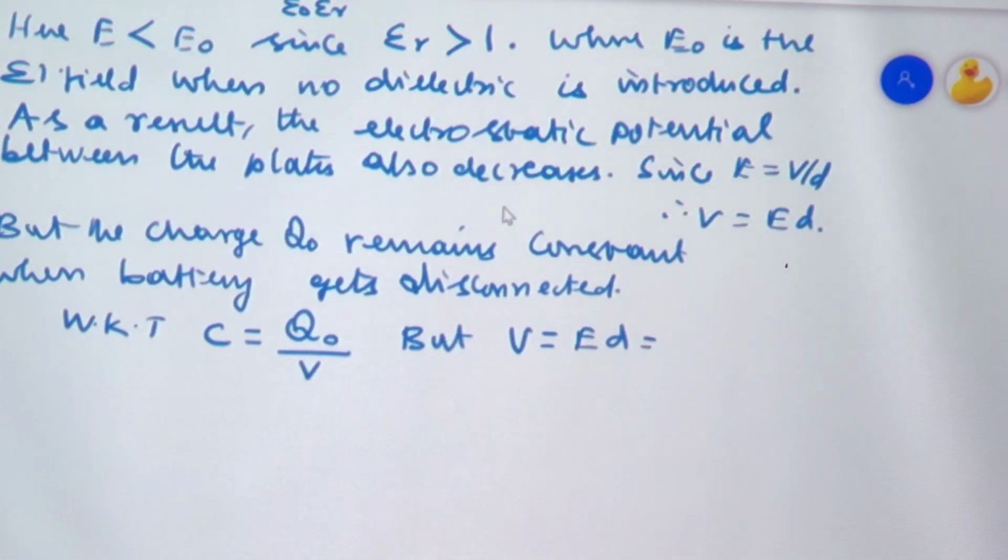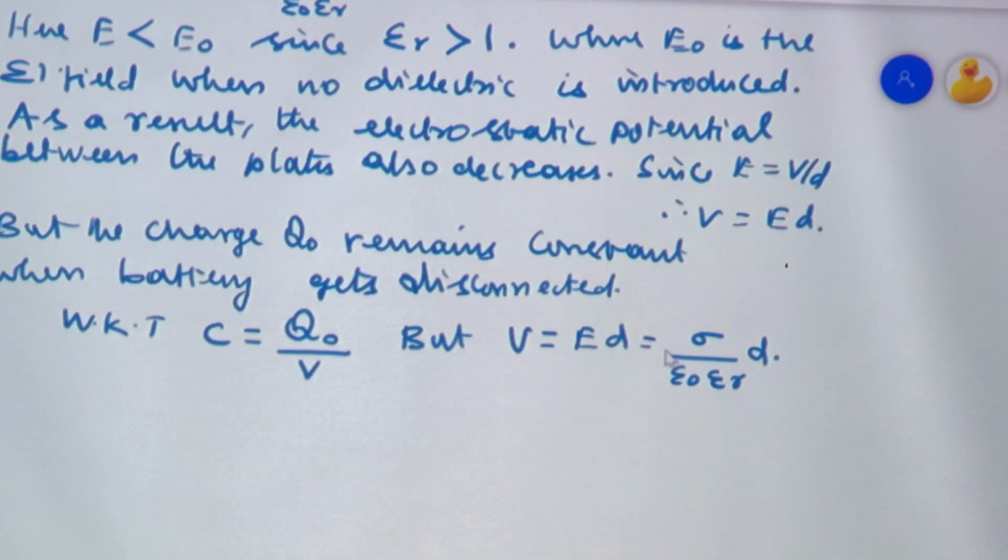What is E? From equation 2, I can say E is sigma divided by epsilon 0 into epsilon r. So the potential V is equal to E into d, and instead of E, I can write from equation 2 sigma divided by epsilon 0 into epsilon r, into d. Take this and substitute here.